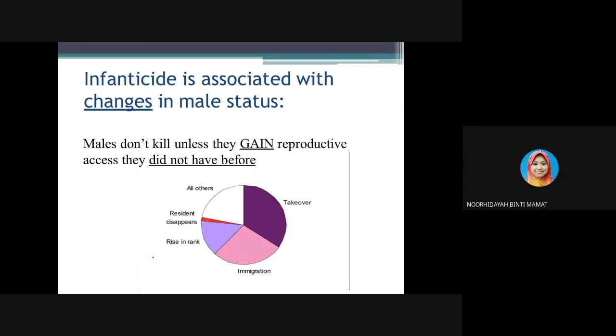The males don't kill unless they gain reproductive access that they did not have before, for example when a male rises in rank, takes over the population or the females, or migrates in from another place. Otherwise they don't kill the infants.